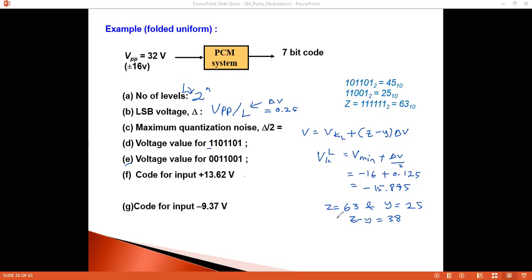So we just put inside our equation: voltage is equal to VKL, minus 15.875, plus 38 times 0.25. With this equation, you get the voltage for the code 0011001, which is equal to minus 6.375.